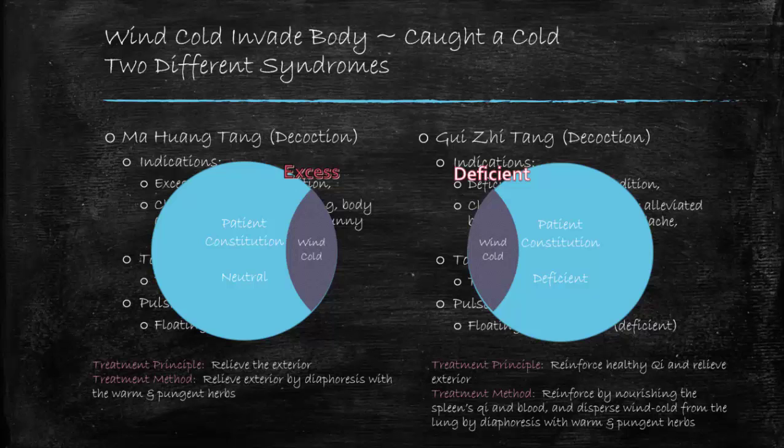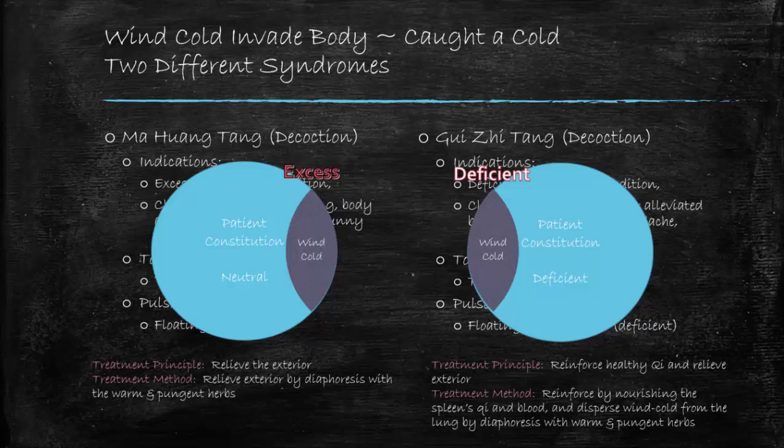So naturally you probably will think, wow, okay, excess wind cold, you apply Ma Huang Tang, deficient wind cold, you apply Gui Zhi Tang, then you have it. Mechanically applying formulas actually works. But as I just explained, when you're in clinical practice, at the hospital or in clinic, you will see many complex situations, many variations of body constitution with variations of pathogenesis.